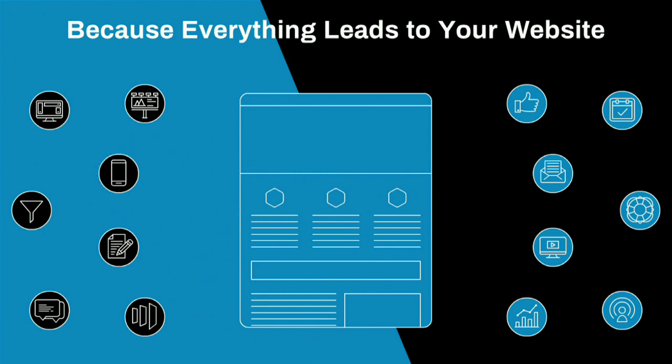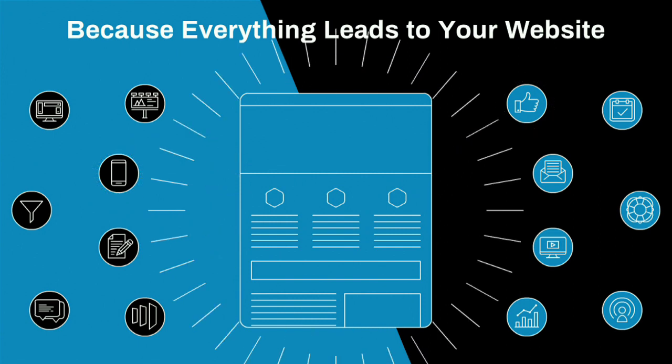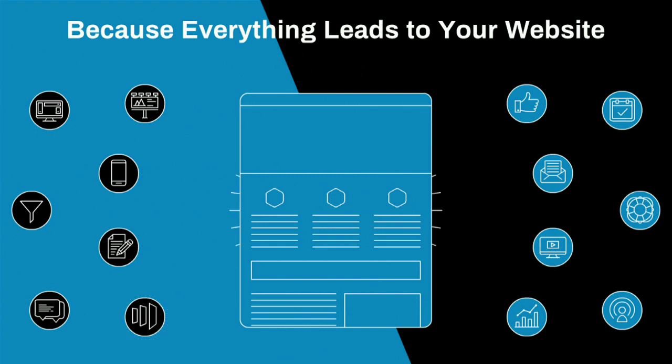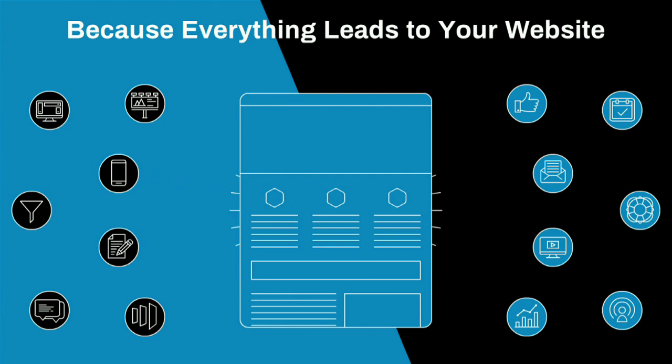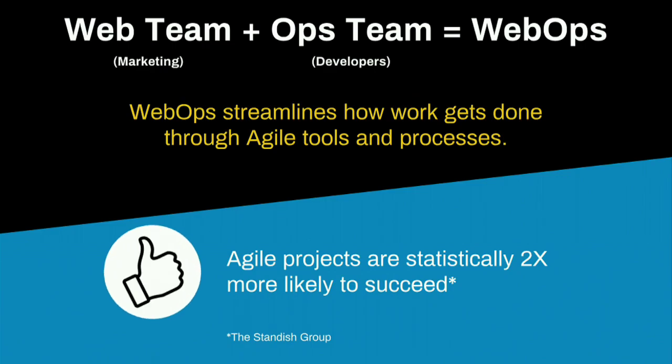Email, driving people back to the web. Chat, direct mail, it's all coming back to your site. So any function within the broader marketing group needs to interact with this team to get things done. So this team can expose them to an Agile process and get them to work within that process and have a kind of transformative effect across the broader group.